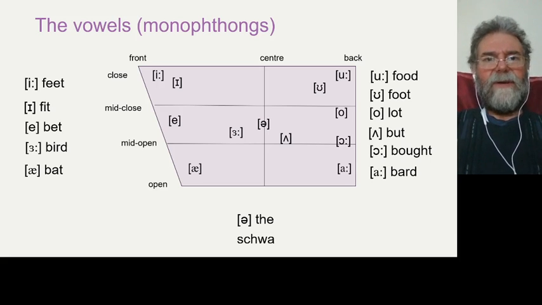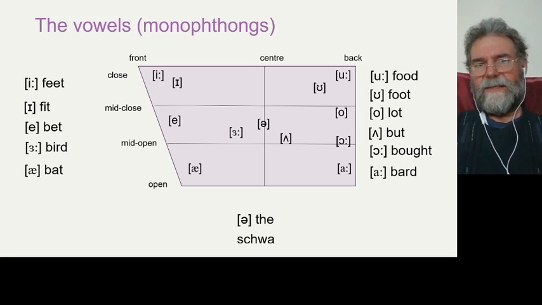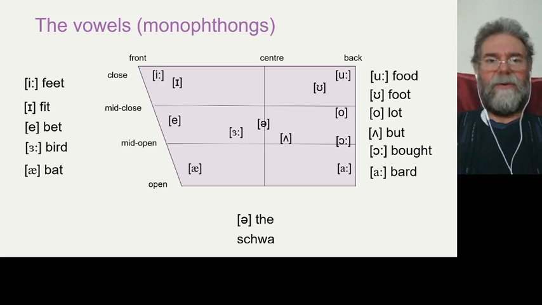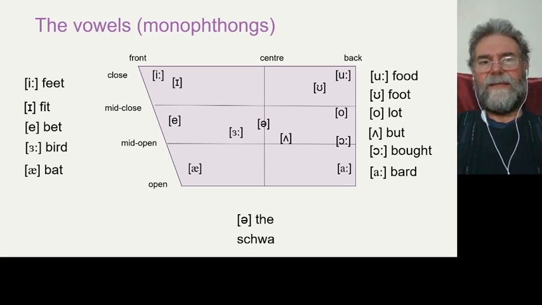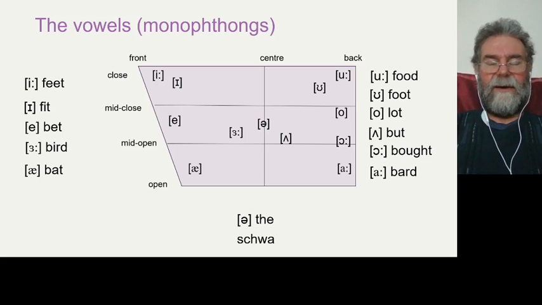Okay, now you may have noticed at the top of this slide, we've got the word monophthong. That's what all of these vowels are. They are monophthongs. This is a word taken from Greek, from mono meaning one and thong meaning sound.